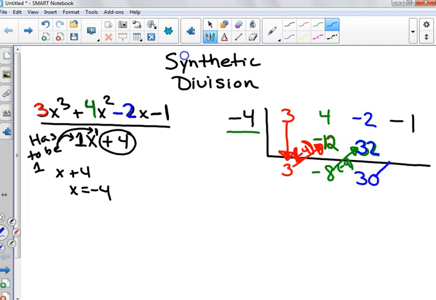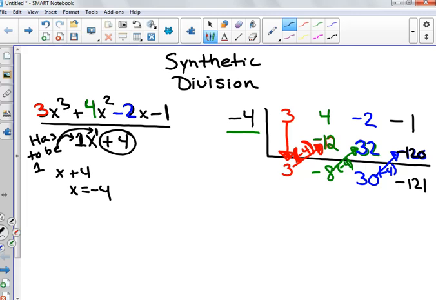And again, before I get here, multiply by -4. Okay, and that is going to be -120. And now when I add those together, I am going to get -121.